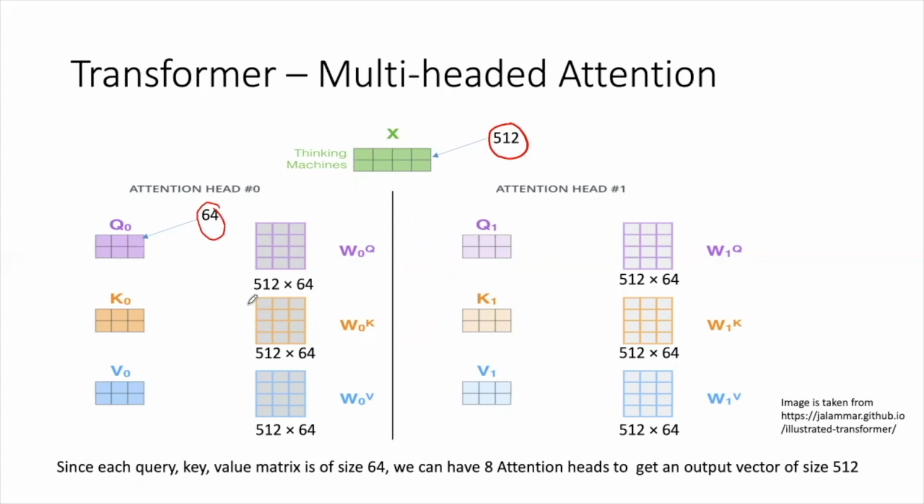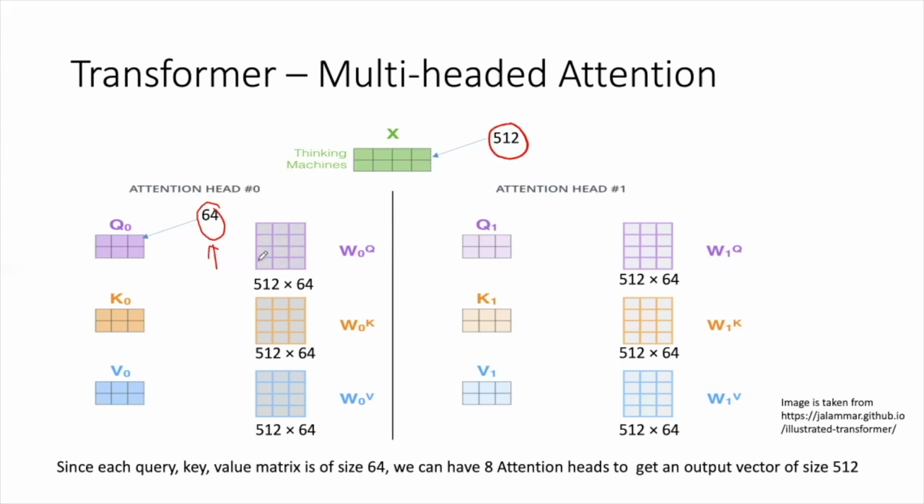Since we have reduced the dimensions, finally when we combine the value vectors and generate a contextual representation for each of the words, they will be of dimension 64.